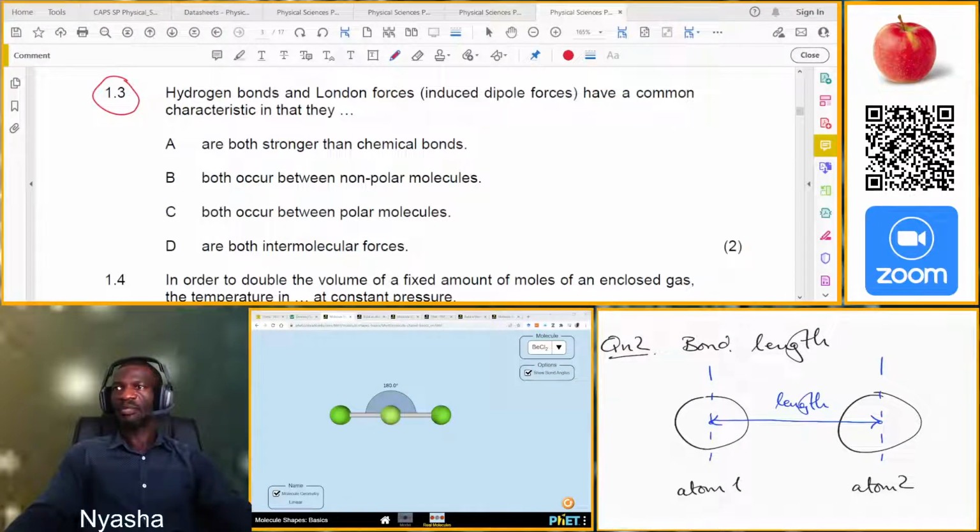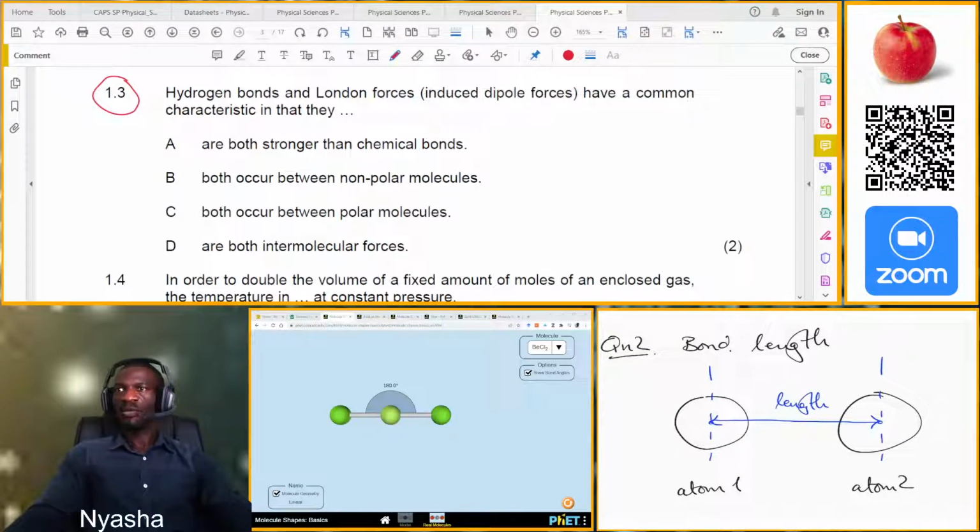For you to pick the right answer for this one, you need to remember the types of molecules that form hydrogen bonds among or between, and then the types of molecules that form London forces or induced dipole forces between adjacent or nearest neighbor molecules.